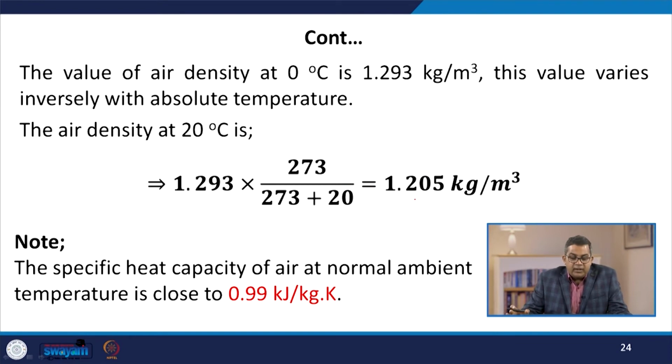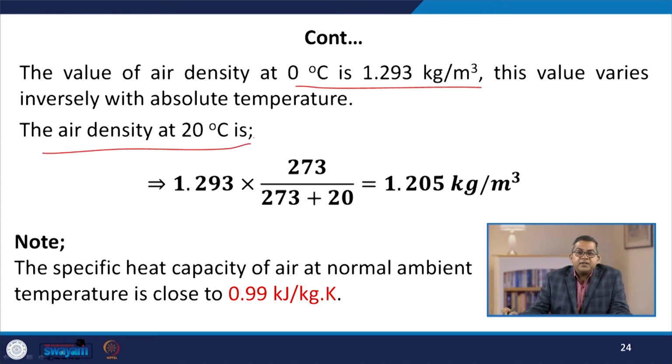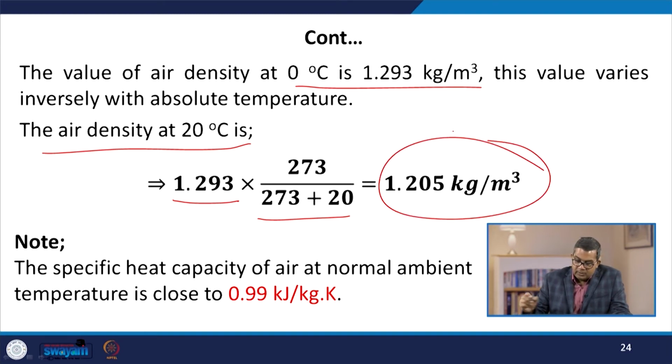The value of air density at 0 degrees Celsius is 1.293 kilogram per meter cube, and this value varies inversely with absolute temperature. The air density at 20 degrees Celsius is 1.293 into 273 upon 273 plus 20. If you convert to Kelvin, it comes out to be 293 Kelvin, and that is equal to 1.205 kilogram per meter cube.